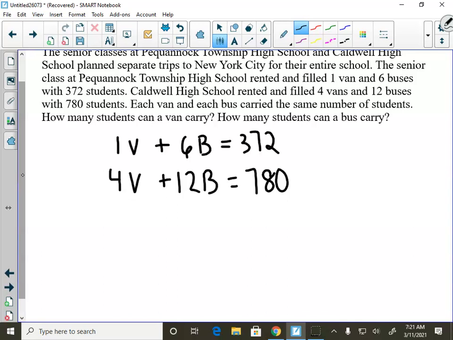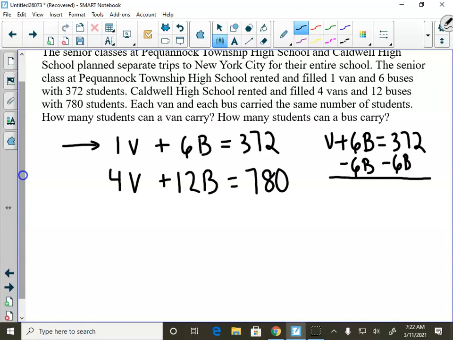So to substitute, we're going to take this equation and just manipulate it a little bit. 1v is the same as v, so we're going to write v plus 6b is equal to 372, and then we would subtract 6b from both sides, because remember, when we're going to substitute, we need to have one of the variables isolated. Okay, so that's our equation. We just rearranged it a little bit.